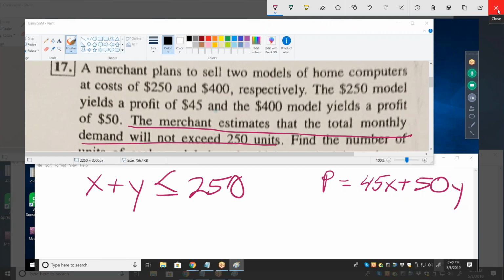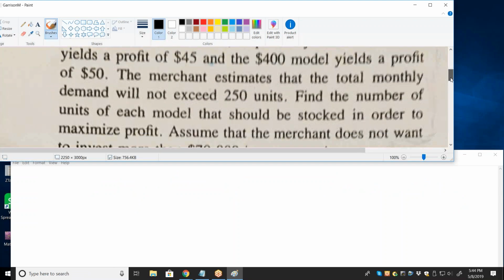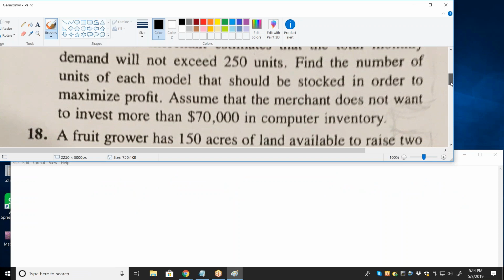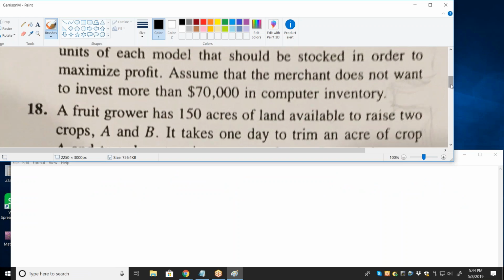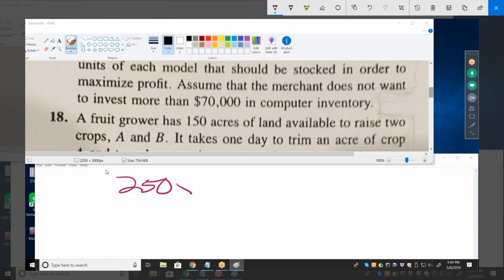Now, I'm going to have to erase this. That last sentence, what kind of constraint does that give you? So that means 250x plus 400y has to be less than or equal to 70,000.